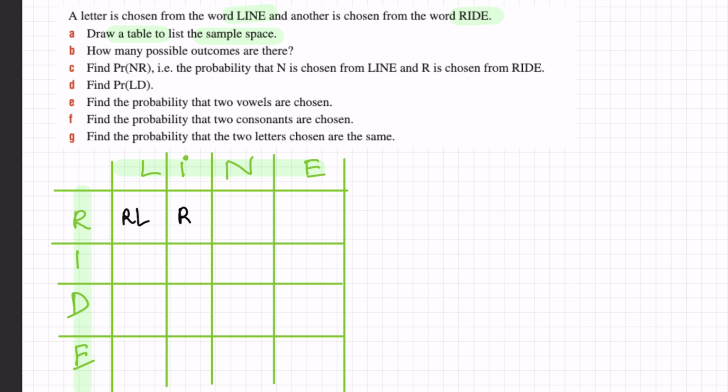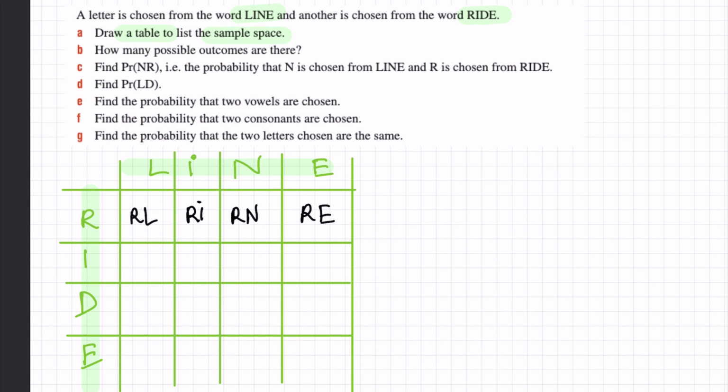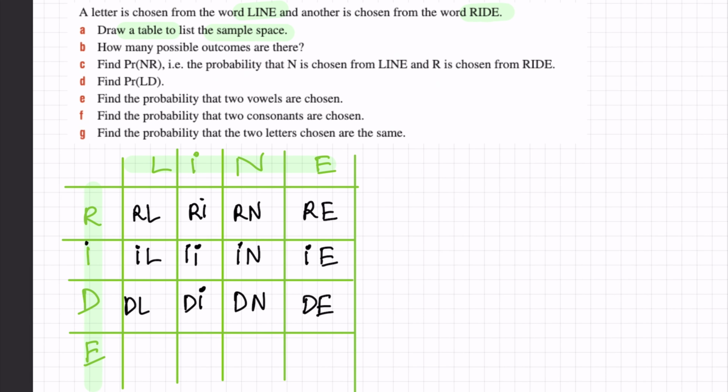RL, RI, RN, RE, IL, II, IN, IE, DL, DI, DN, DE, EL, EI, EN, EE.